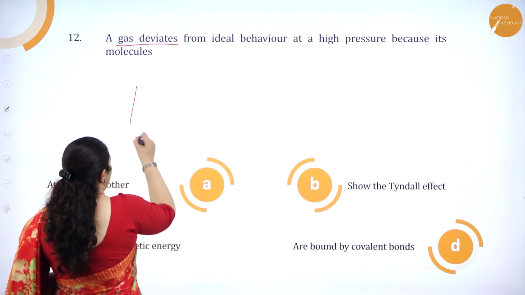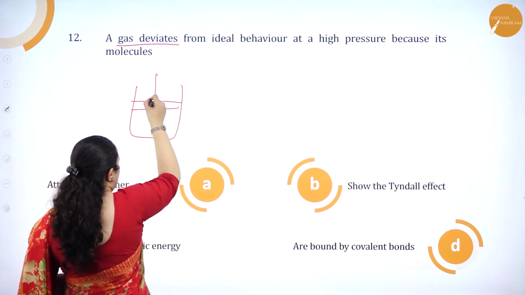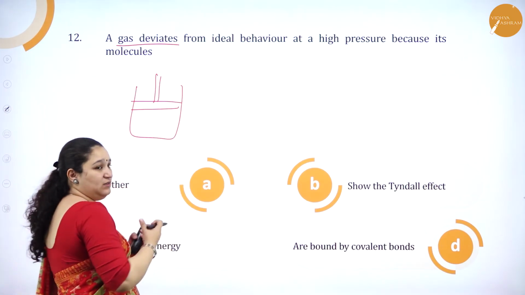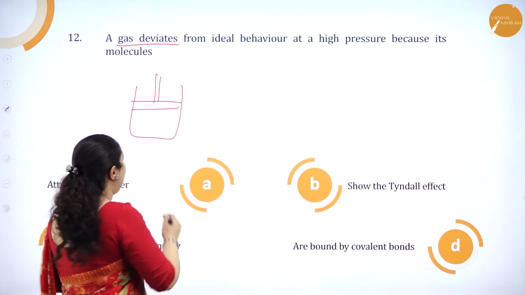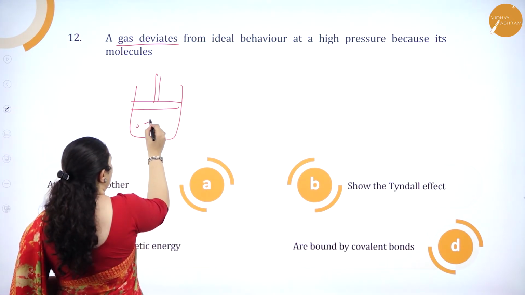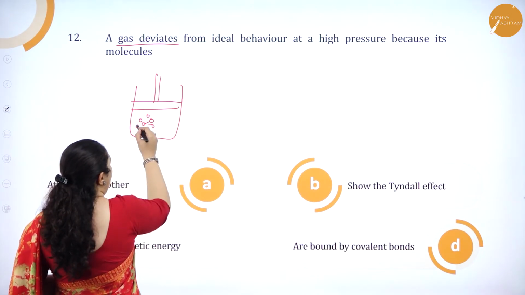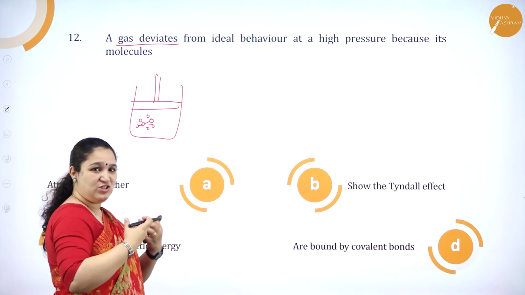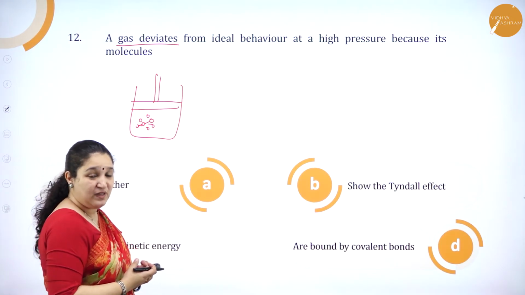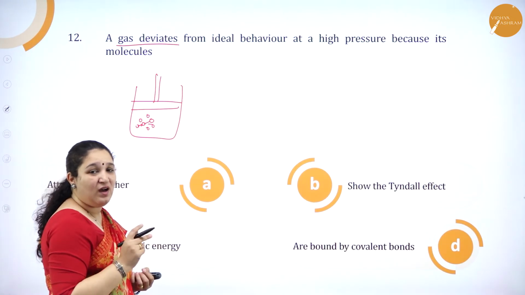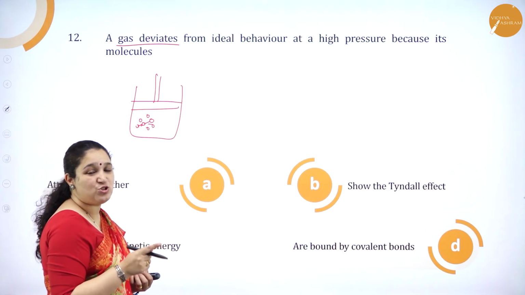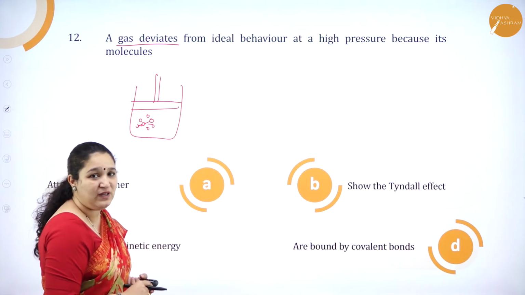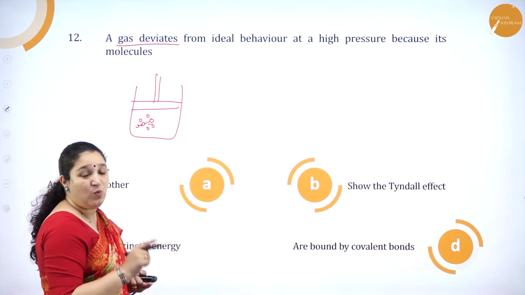When I increase the pressure, I push the piston, the volume decreases, and what happens is the molecules are very close to one another. They come very, very close, and the force of attraction increases, correct? Due to which a pressure correction has to be applied and they will deviate from ideal gas behavior. Why?